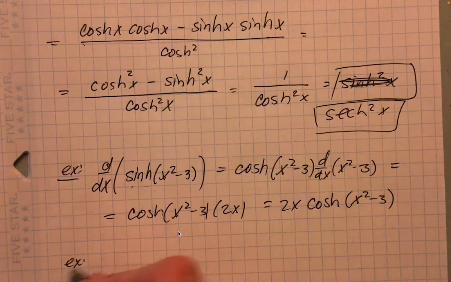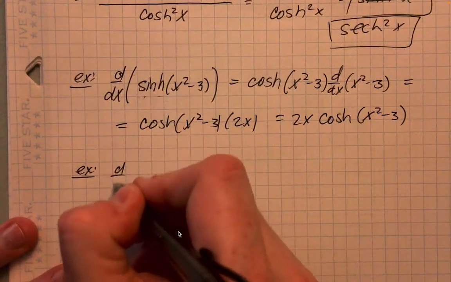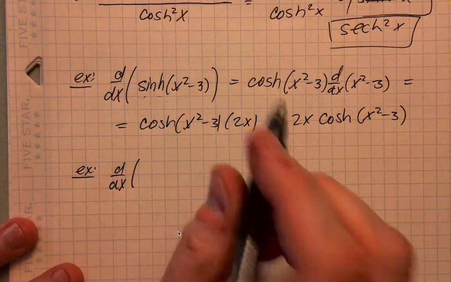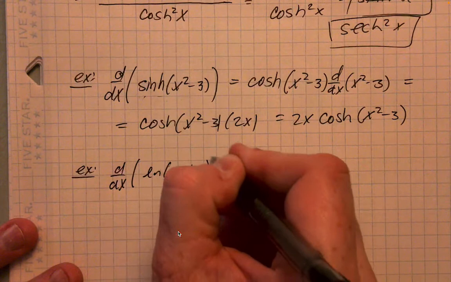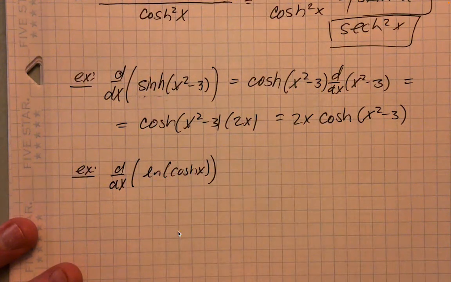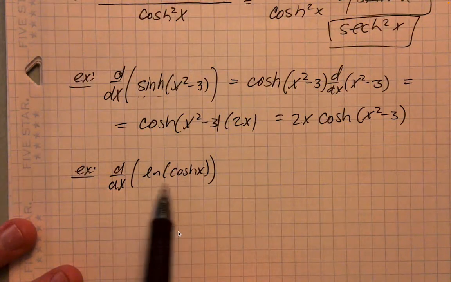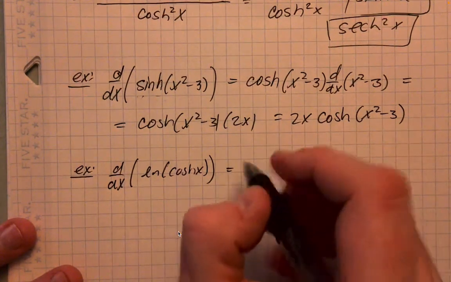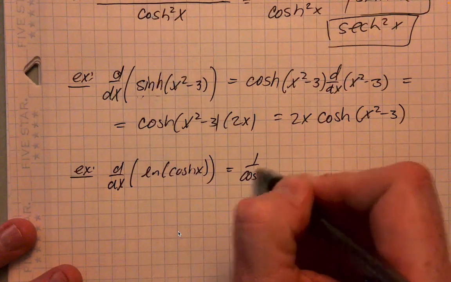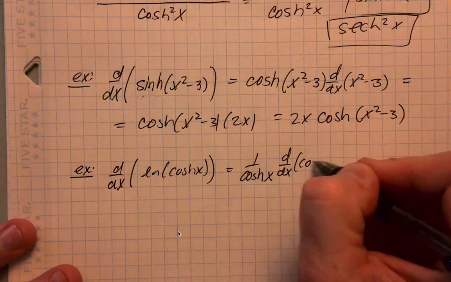How about the derivative of the natural log of cosh x? Well, again, chain rule. The outside function is the natural log of u, and then u is cosh x. So this would be equal to 1 over cosh x times the derivative of cosh x.